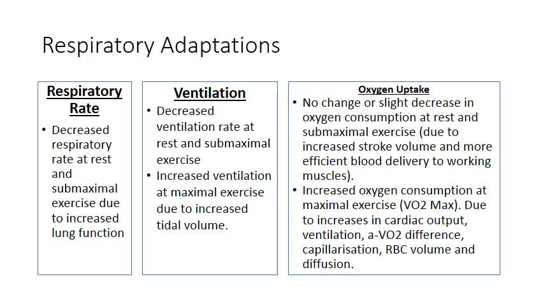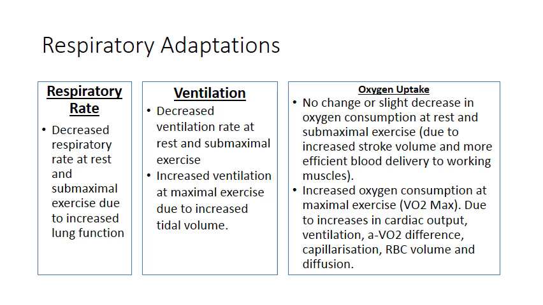Ventilation, which is the amount of oxygen pumped around your body per minute, you would actually have a decreased ventilation rate at rest and at submaximal exercise, once again due to increased efficiency of actually transporting oxygen and the muscles taking it up. At max intensity exercise though, your ventilation would increase because we did have an increased tidal volume at maximal intensity exercise.